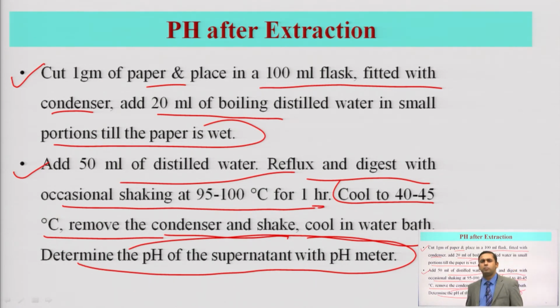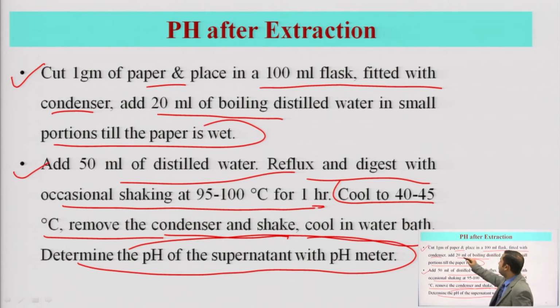Some other companies make your packaging material, you purchase from them, then you pack your drugs into that packaging material. In that scenario it will create a big problem. So, that is why we are doing pH after extraction.